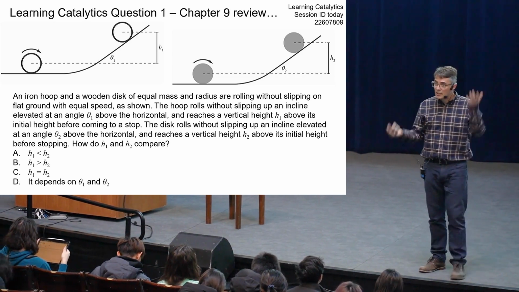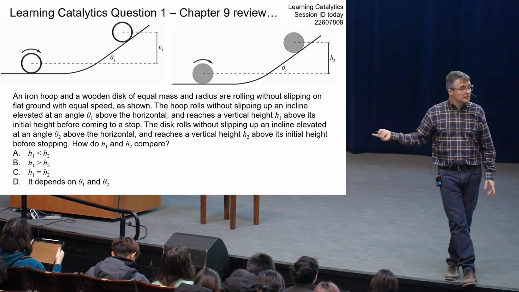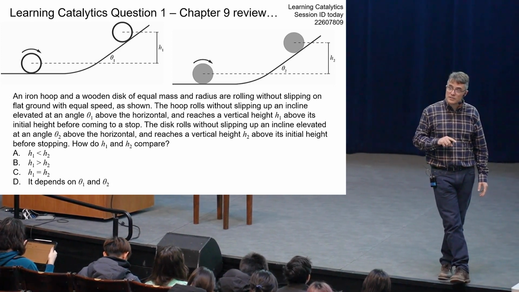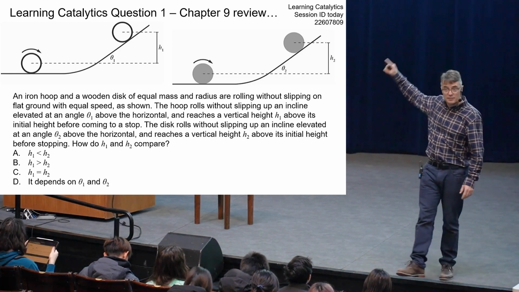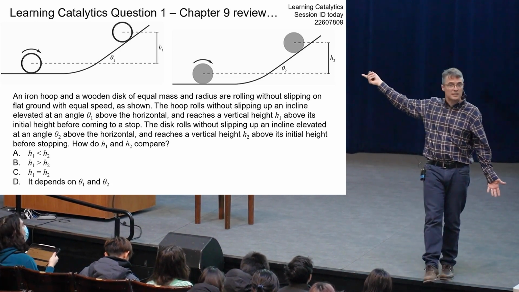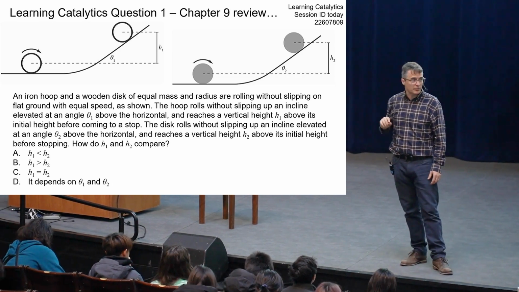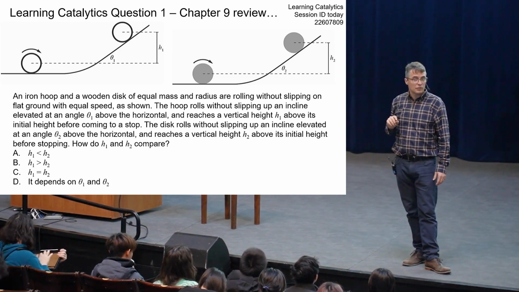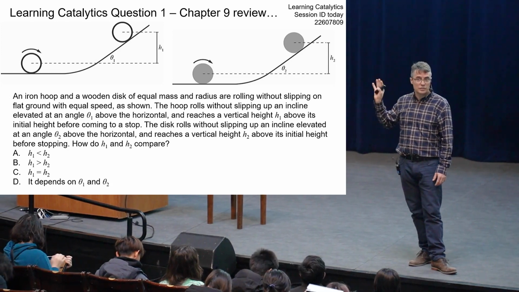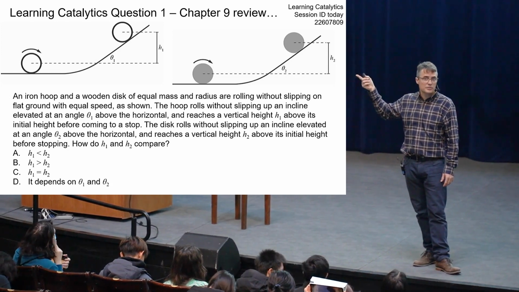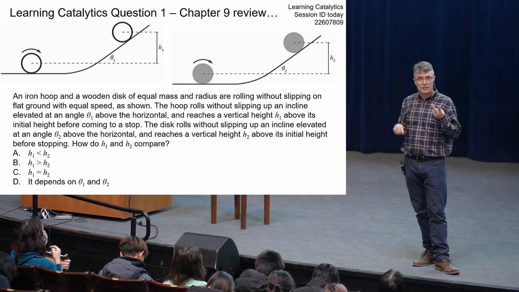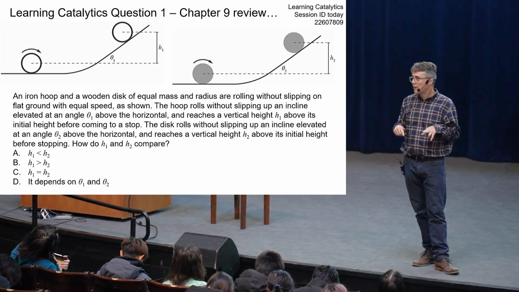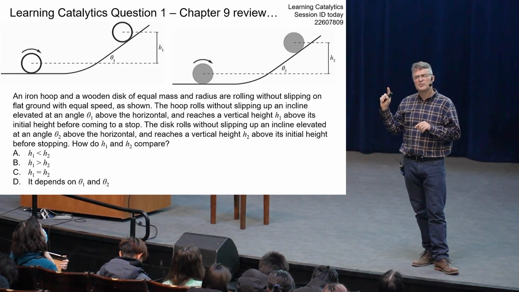You'd have that balance of energy. The same exact thing is going on here, except it's rolling without slipping. So when it stops, all of its kinetic energy goes away, because omega and v go to 0 at the top. But at the bottom, it has two things: 1/2 mv squared and 1/2 I omega squared. And v is equal to r omega.